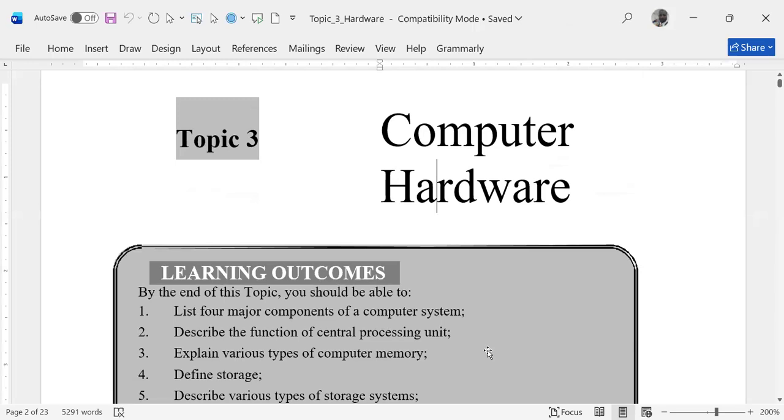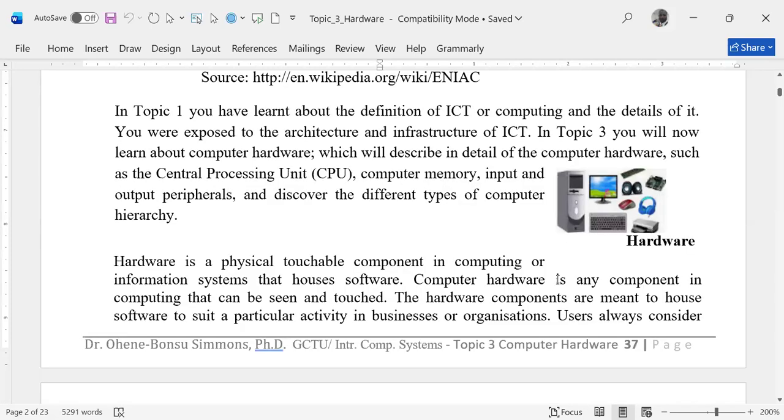Yes, sir. Great. Topic 3 is computer hardware. In computing, there are two main components: hardware and software. You are aware of that. The hardware is a component that houses the software.